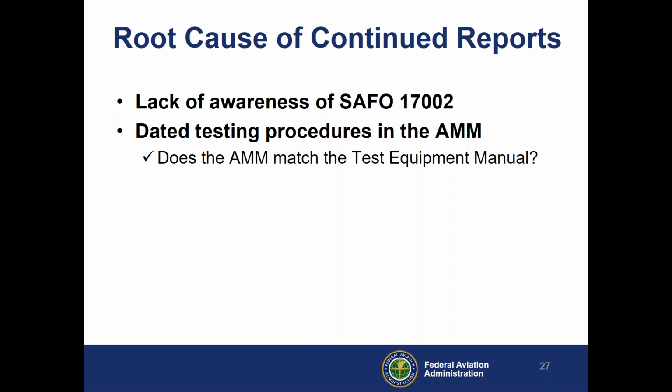And some questions to ask: does the AMM match the test equipment manual? Sometimes the test equipment manual has provisions to prevent this RF leakage, but the aircraft manufacturer has not updated their manual. And conversely, maybe the test equipment manual is not up to date.